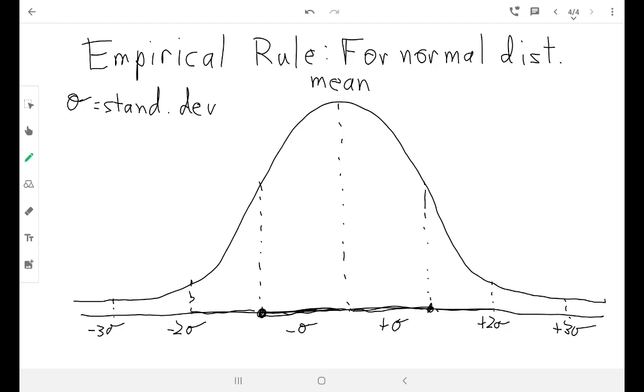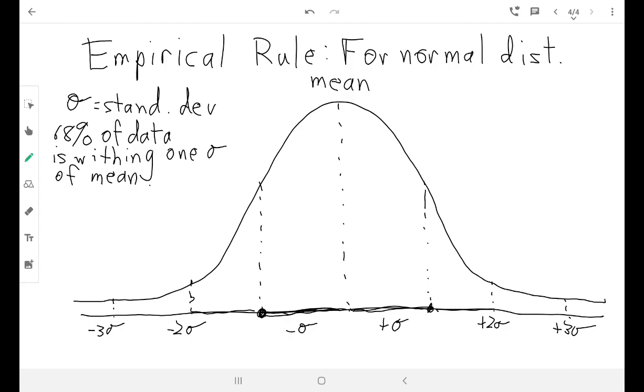And what happens is we get percentages as we go. So here is the way the rule works, and these are approximate. 68% of the data is within 1 standard deviation of the mean.